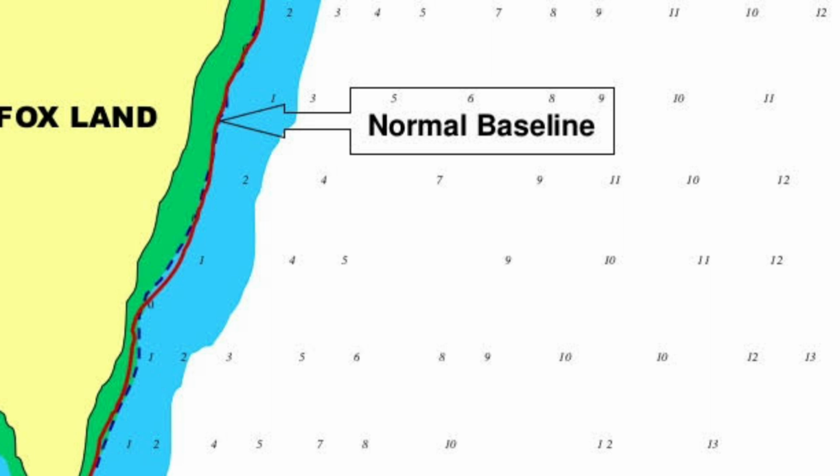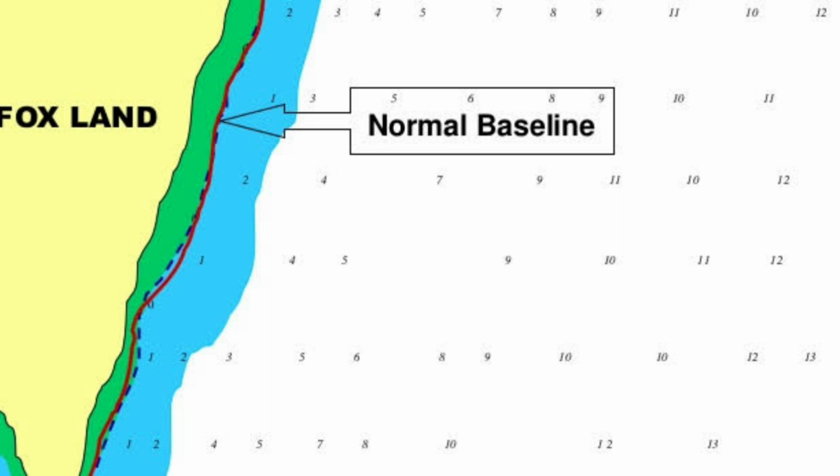So let's discuss the various zones of waters as divided per UNCLOS. Starting with the zones, first of all we need to discuss the baseline. There are two types of baselines for any coastal state. The first one is called the normal baseline and the other is called the straight baseline.